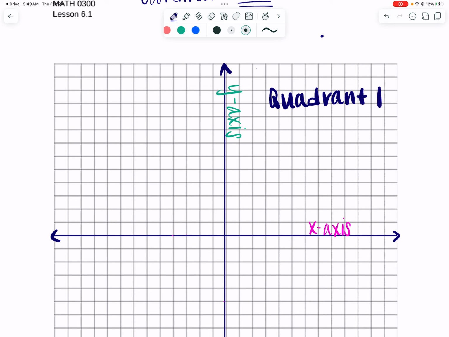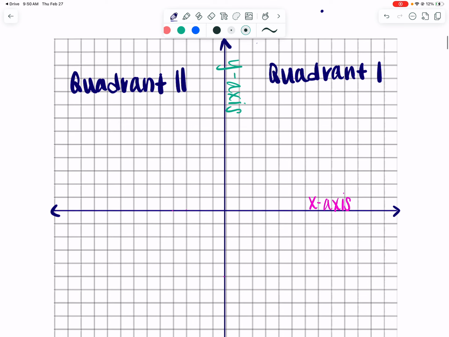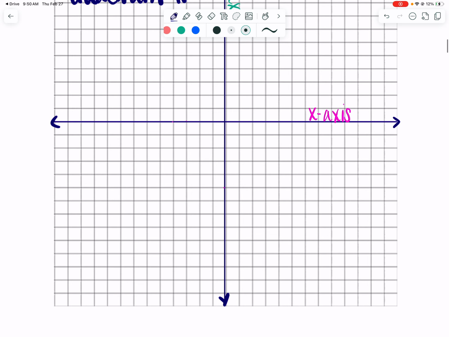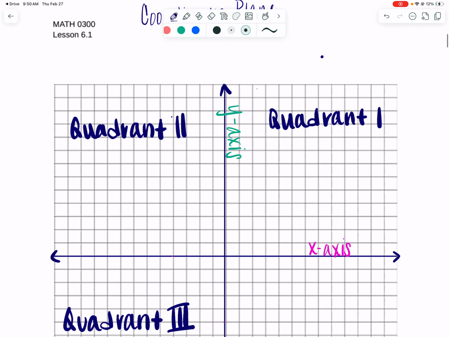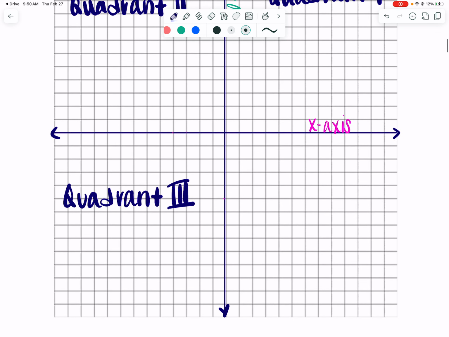And then we go in a circle. We go to quadrant 2. And then quadrant 3. And then quadrant 4.